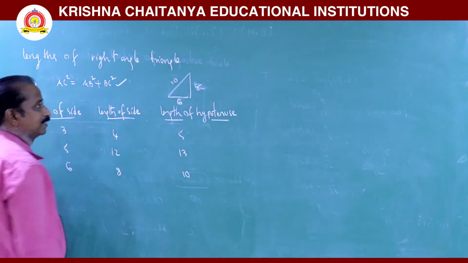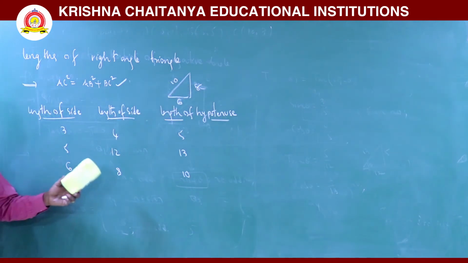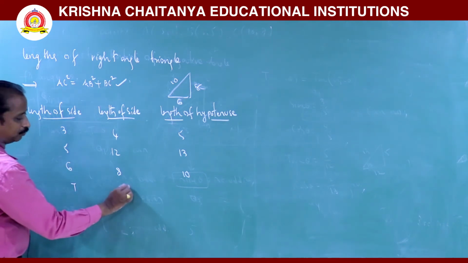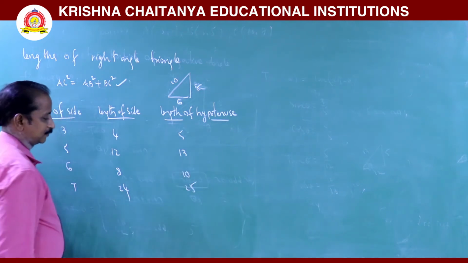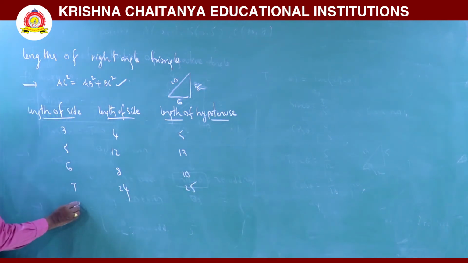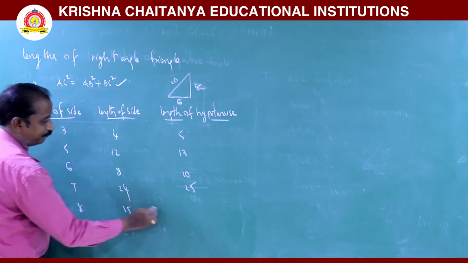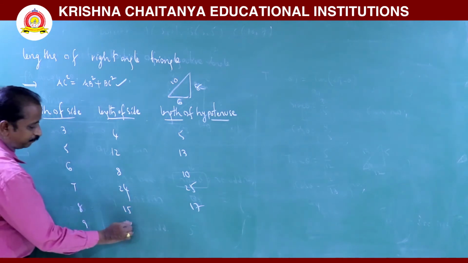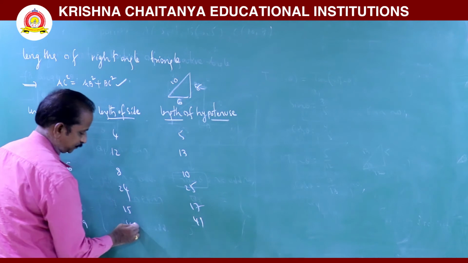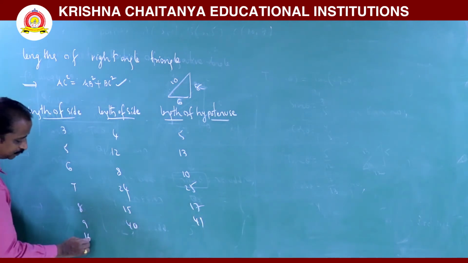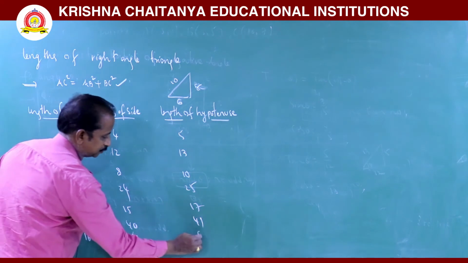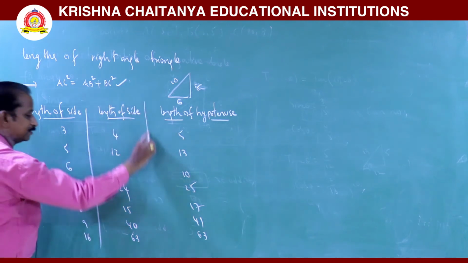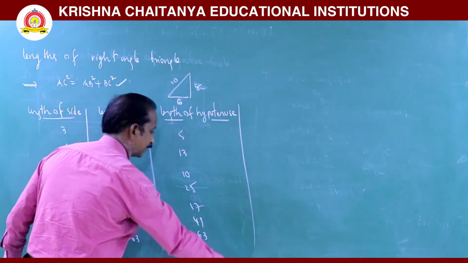So hypotenuse is 10. Then 7, 24, 25. 8, 15, 17. 9, 40, 41. 16, 63, 65. These are the commonly repeated lengths of right angle triangles.